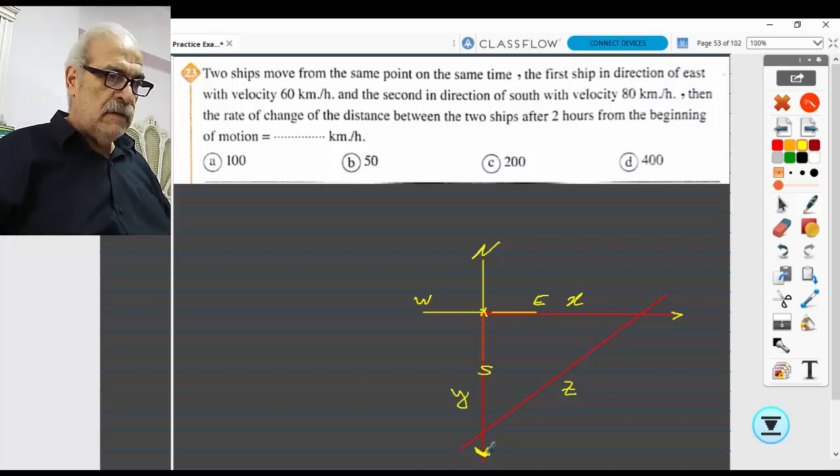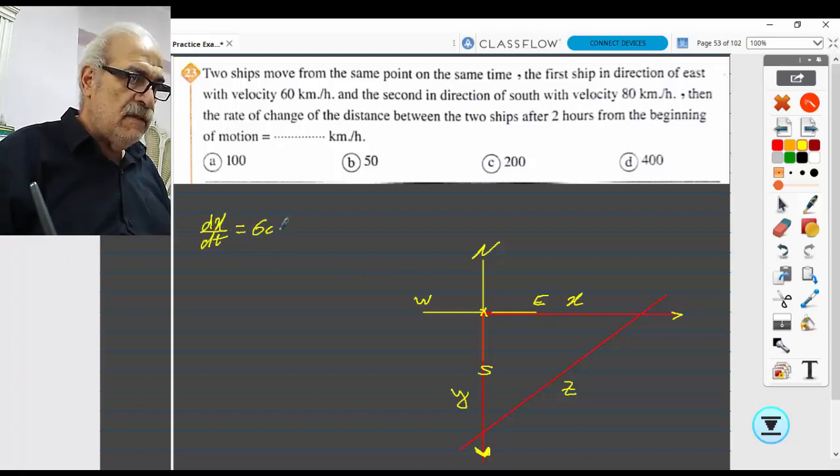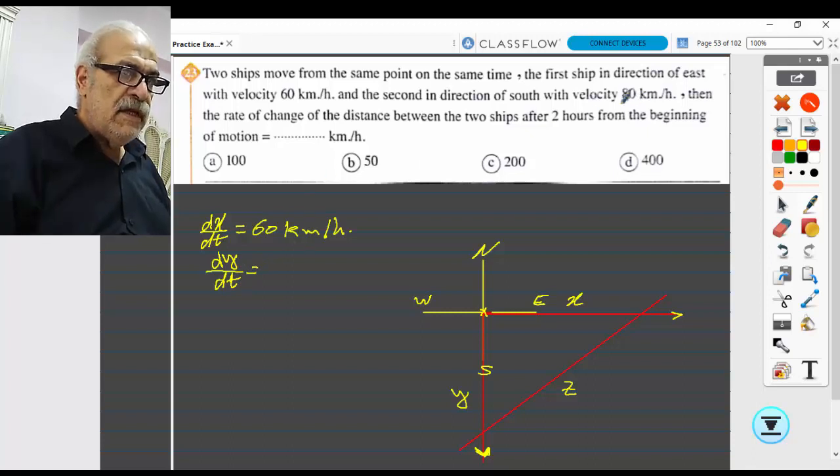So we have dx/dt equals 60 km per hour, and dy/dt equals 80 kilometers per hour.